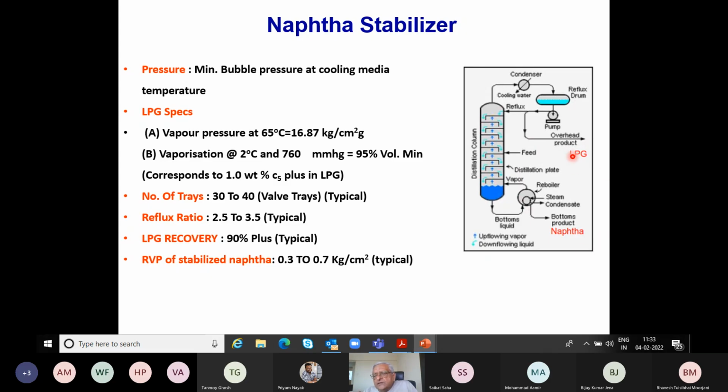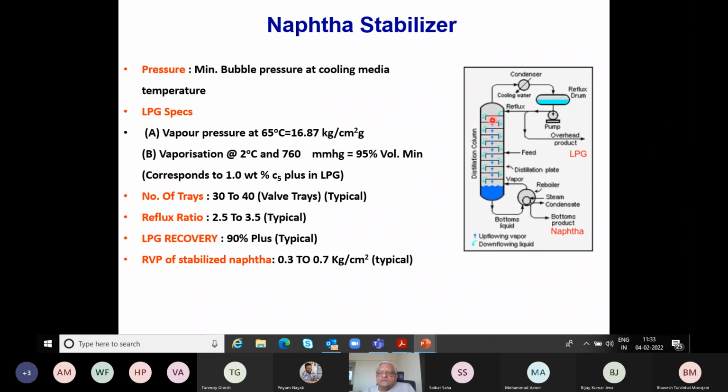LPG, as you already know, is liquefied petroleum gas, and this is the fuel that we use in our kitchen for cooking. And the naphtha is used for making petrochemicals and also for making gasoline. So basically, the naphtha is a major stream in the refinery from which we make petrol or gasoline.